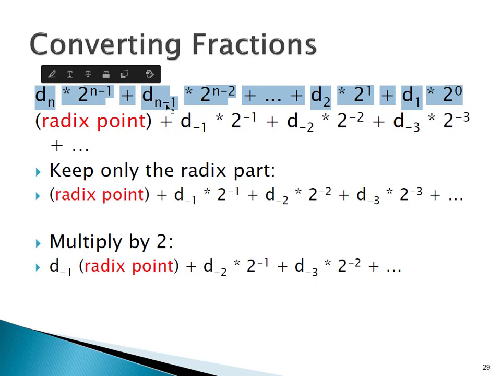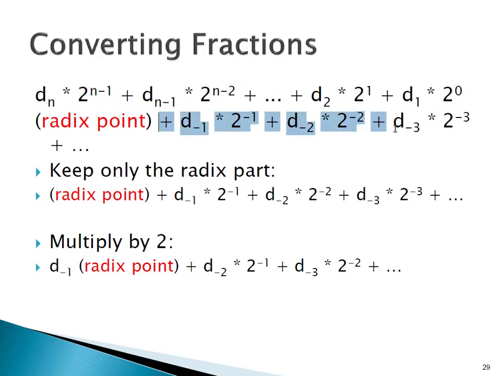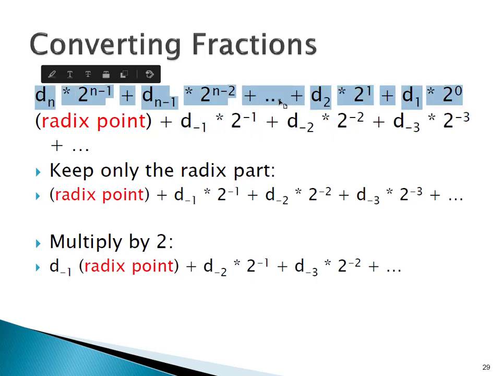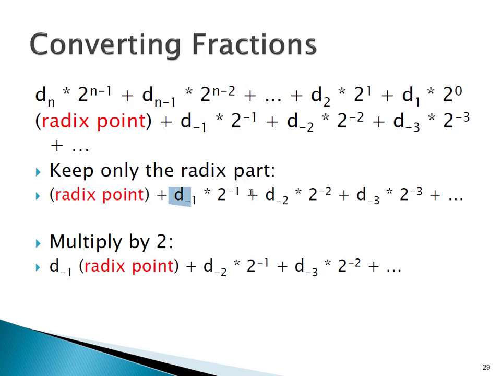So we're only focusing on the values after the radix point. For example, if it was 1.001, then you just focus on the 001, you ignore the 1. You ignore the digit to the left of the radix point, and you keep the digits to the right. You throw this part away, you know how to handle that. So keep this part here.